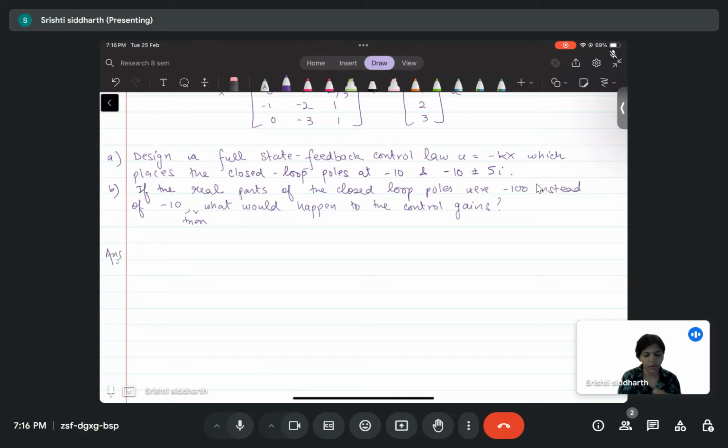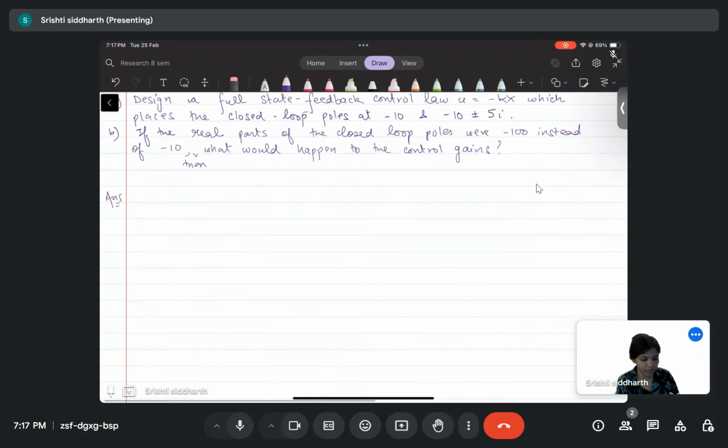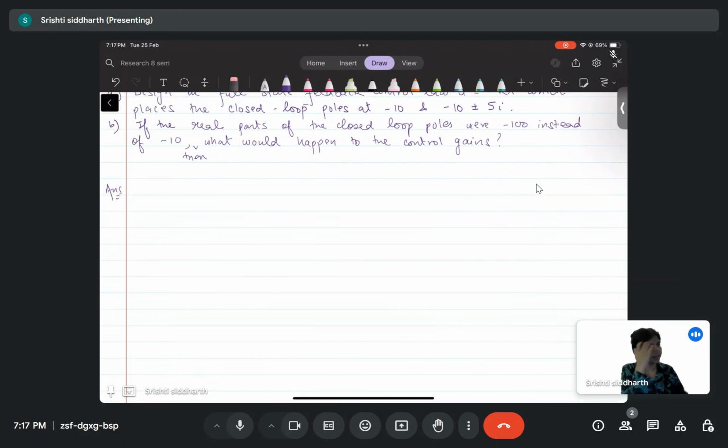We have already looked at one of the methods to find the feedback control law u equals minus kx by equating the desired characteristic equation and the characteristic equation of the closed loop system A minus BK. Now we'll look at another method. So before this, let's just find out what the desired characteristic equation is.